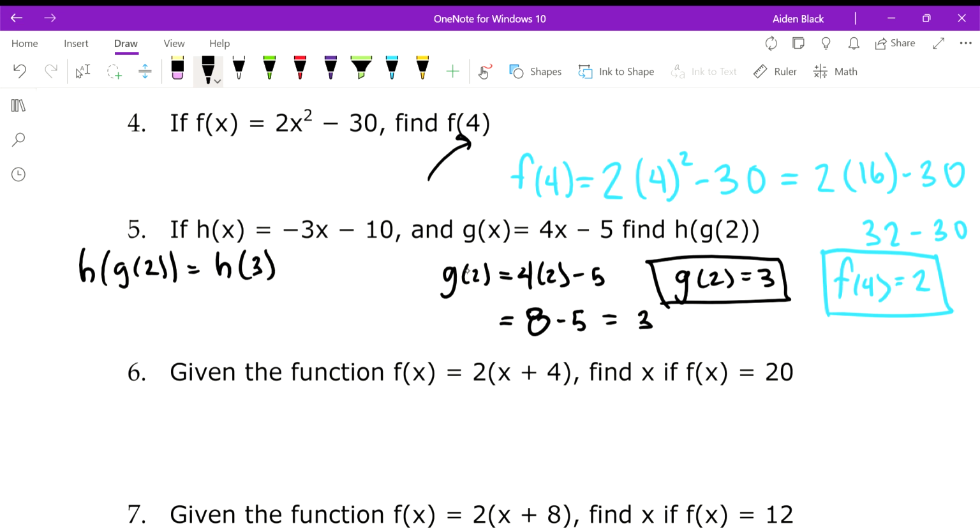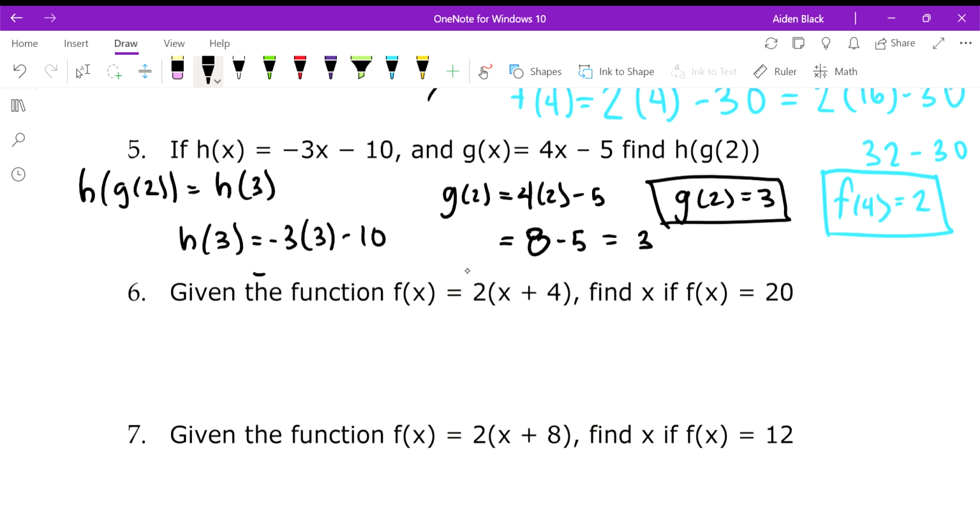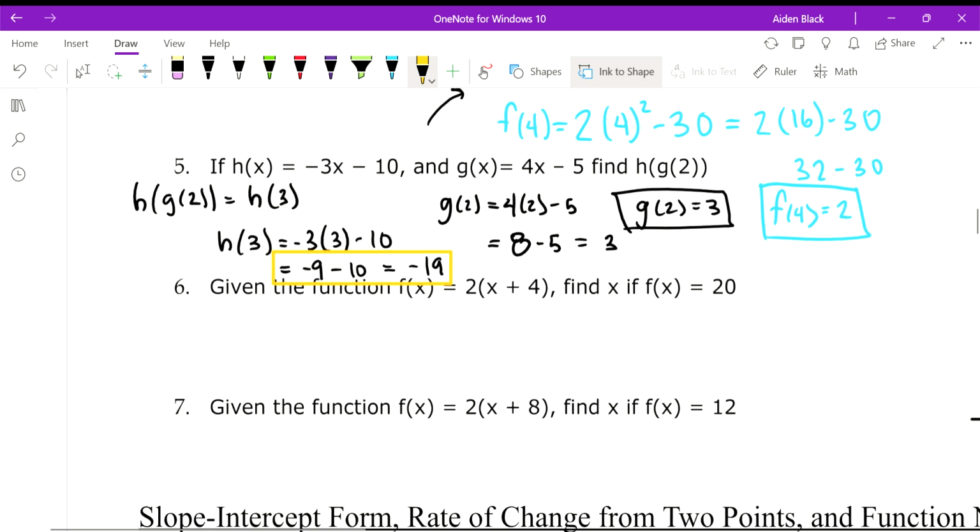Now we just plug in. h of 3 is equal to negative 3 times x, in this case it's 3, minus 10, and we get negative 9 minus 10, which is negative 19. Okay, that's all we're doing there.